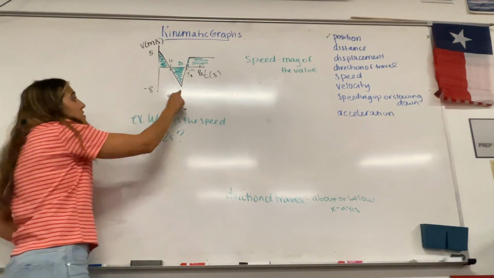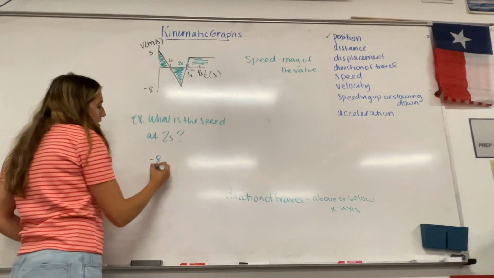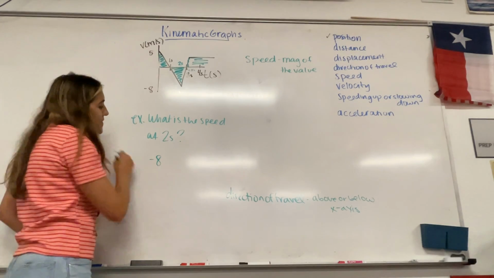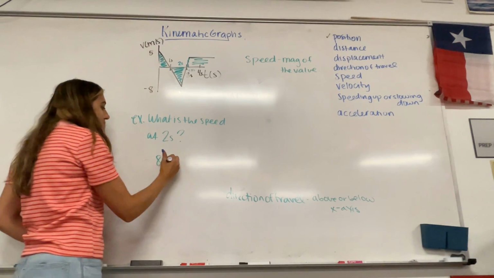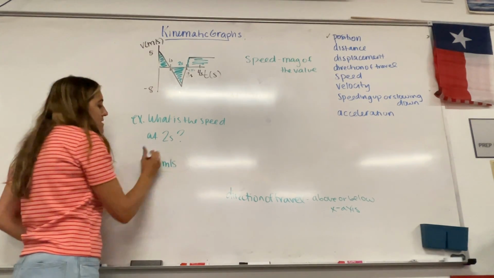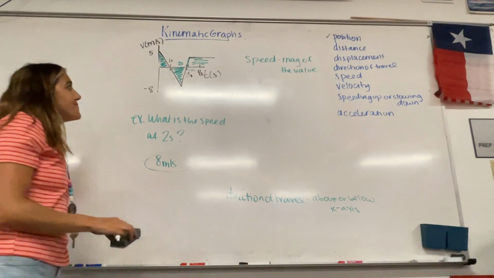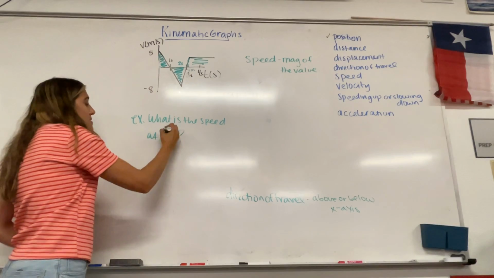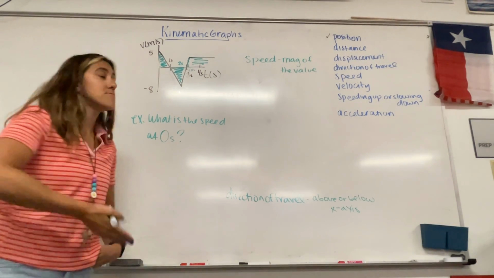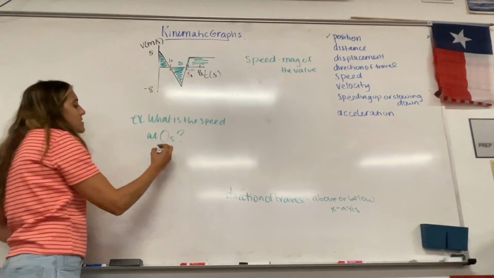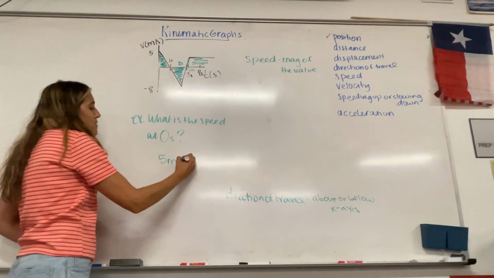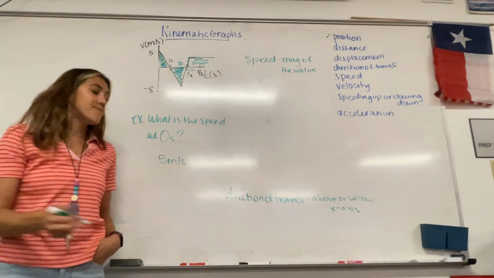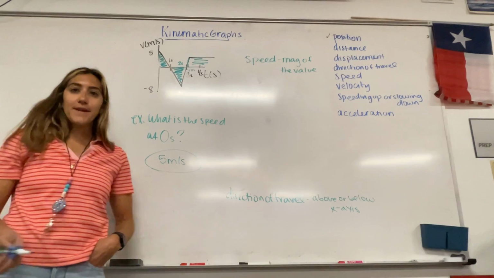Well, my y value is -8. I just need the magnitude of that. So my speed is 8 meters per second. If I do what's my speed at 0 seconds, my initial speed, right? At 0 seconds, I'm at 5 meters per second. That's my y value. So that is my speed.